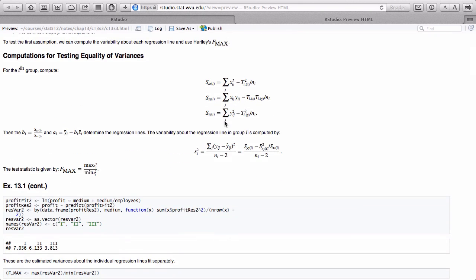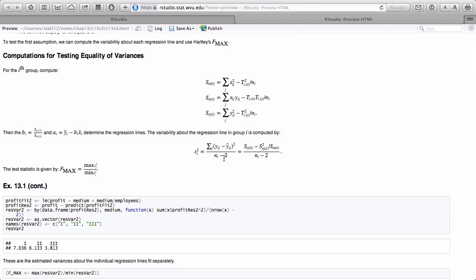Basically, I'll show you how to use the computer to compute these, but if you look at the notation in the book, these sums of squares and cross products you can use to compute the individual variances. These are the variability about the fitted lines. In other words, this is the sum of y sub i minus y hat, squared, where the y hats are the predicted values at the x sub i's.